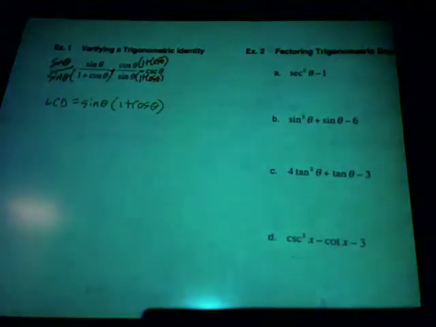So when I do that, I end up with sine of theta times sine of theta. Isn't that sine squared theta? Doesn't it look like this? These multiplied together gives me this, over your LCD of sine of theta, 1 plus cosine of theta.